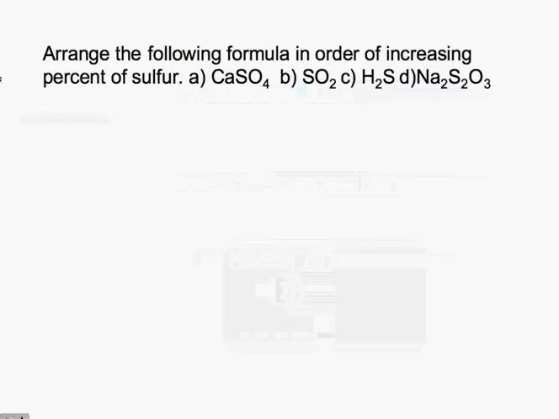Okay, first, whenever we're doing percent composition, the first thing that we have to remember is that percent composition is going to equal part over whole. So we have percent of A is going to equal A over AB times 100.